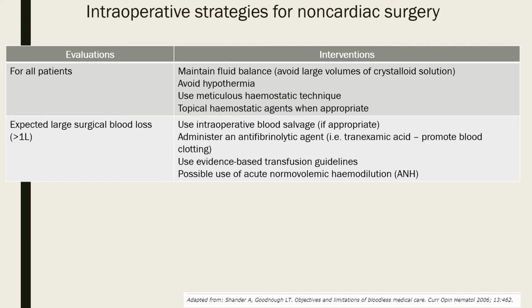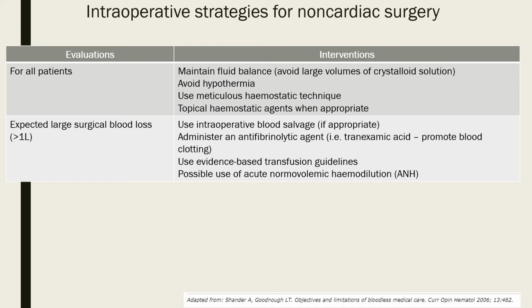It is recommended to use evidence-based guidelines such as a transfusion trigger when there is a likelihood of blood transfusion. A transfusion trigger based on a certain level of hemoglobin is used in this situation.